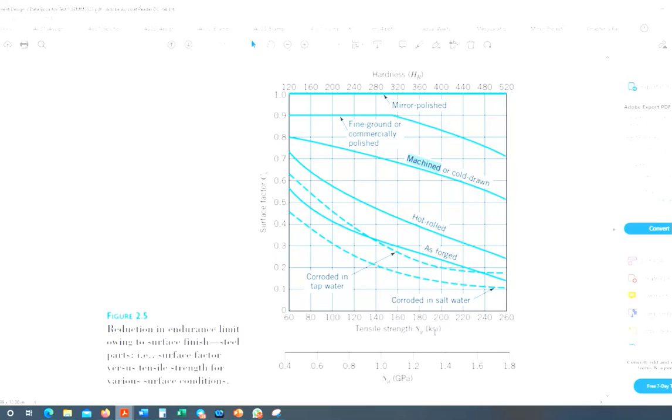So for the KSI is 66, 70 in the middle, and this is 60, so 66 somewhere here.